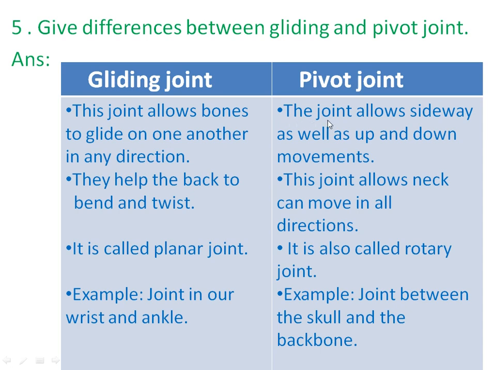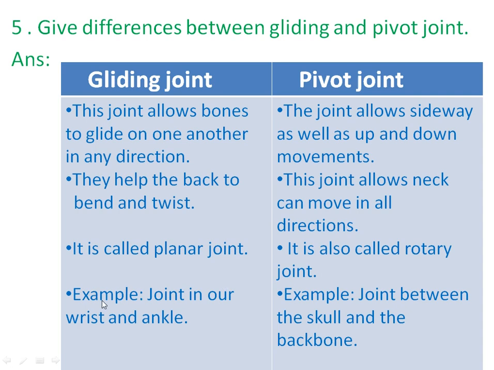Pivot joint: this joint allows sideways as well as up and down movements. See here, they help the back to bend and twist. Here, this joint allows the neck to move in all directions. It is called a planar joint. It is called a rotary joint.